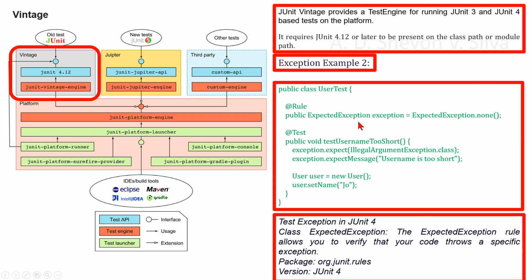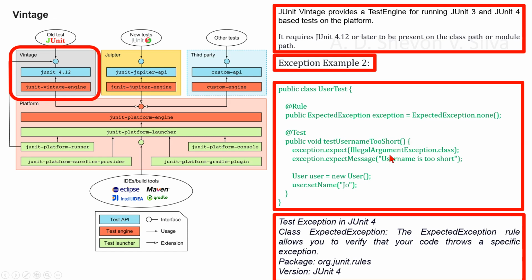This is in package org.junit.rules in JUnit 4. This is available from version 4.7. You have to add the ExpectedException rule to your test. This is here. This doesn't affect your existing tests.